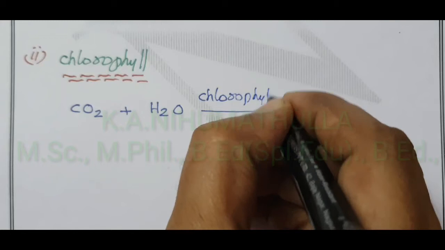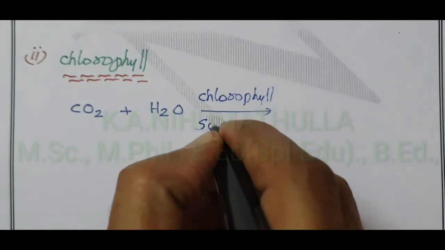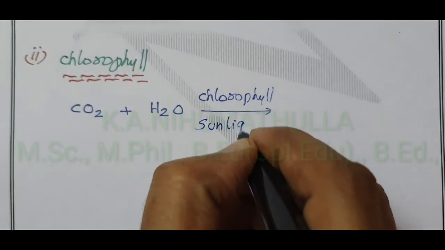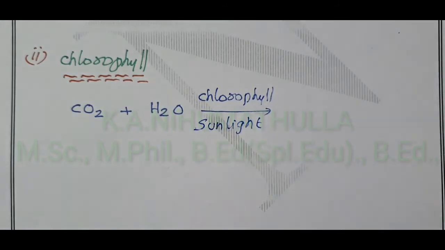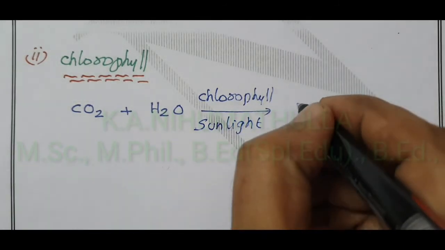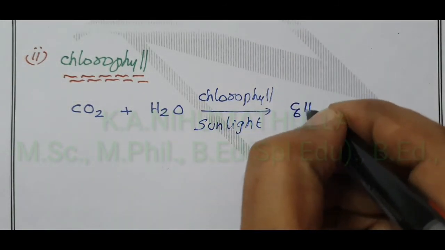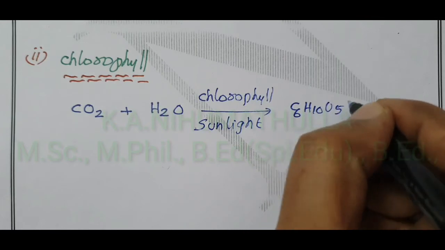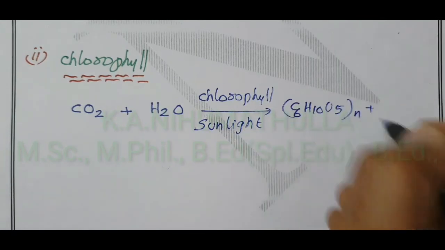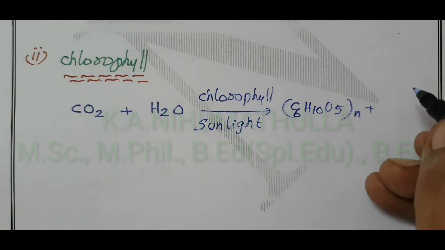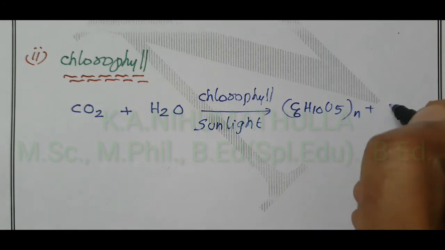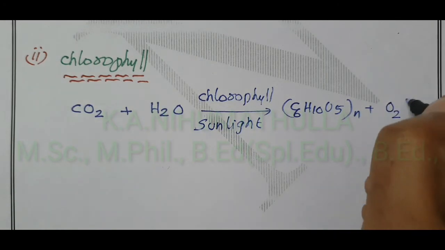In the presence of chlorophyll, using sunlight, they prepare their own food, C6H10O5 stored by enzymes, and also liberate pure oxygen to the atmosphere.